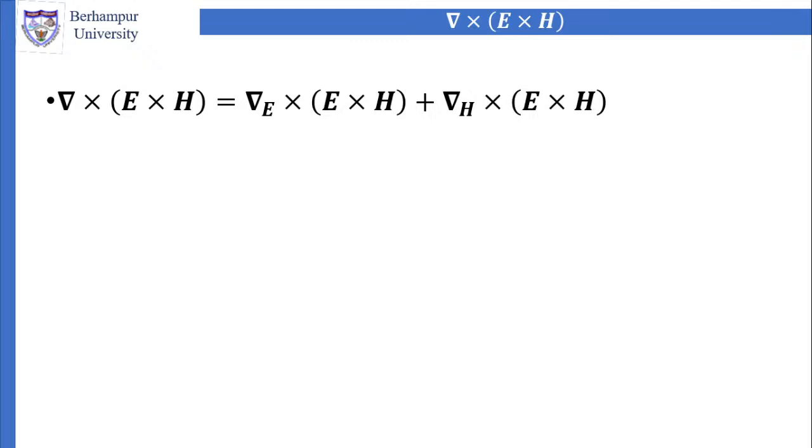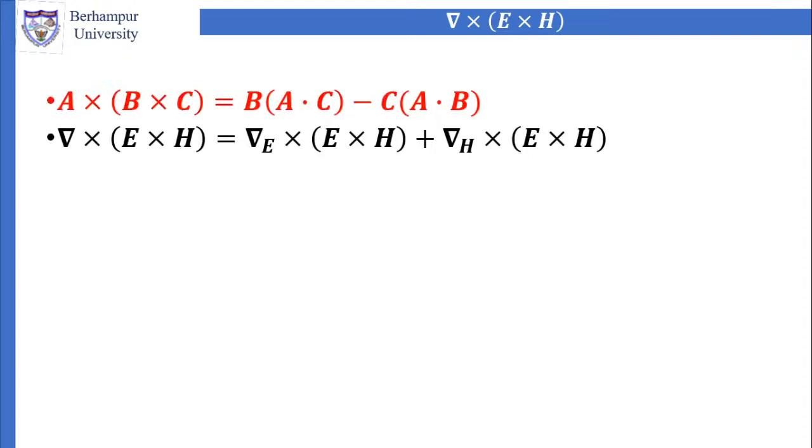Now we are seeing two vector triple products. Each vector triple product will evaluate. So we'll take term by term. You remember the back cab rule that is written in red: A cross B cross C, you know that is B of A dot C minus C into A dot B.